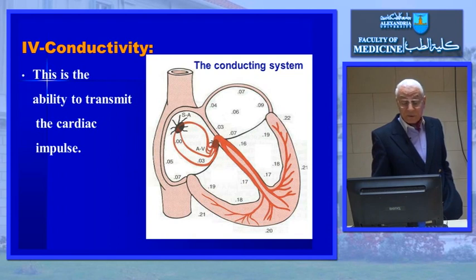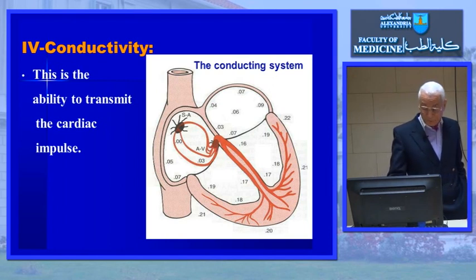Otherwise, if the impulse is conducted slowly, a certain region in the ventricle contracts, after a few milliseconds another one, a third one, and so on. We call this the ventricle contracting out of phase. And this doesn't raise the intraventricular pressure high enough to overcome aortic and pulmonary pressure. Good.